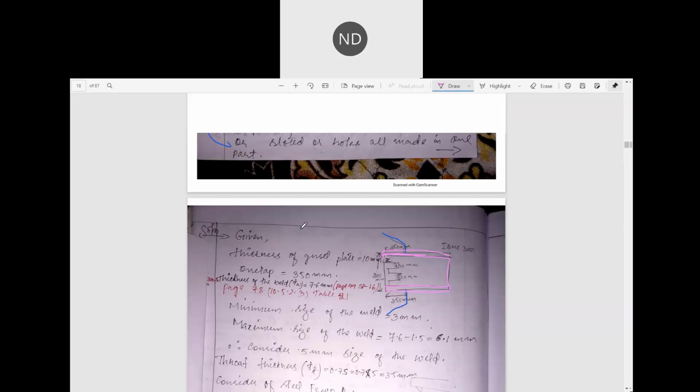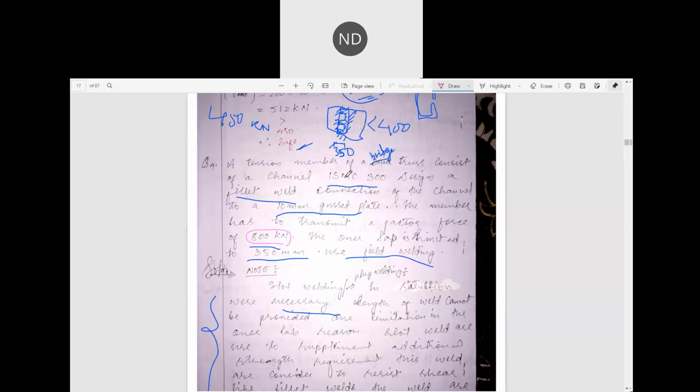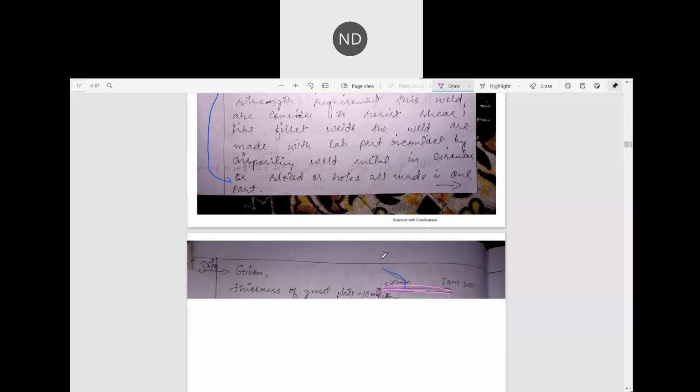Okay, for this particular problem, since the channel section used is ISMC 300, what you will need is your steel table.